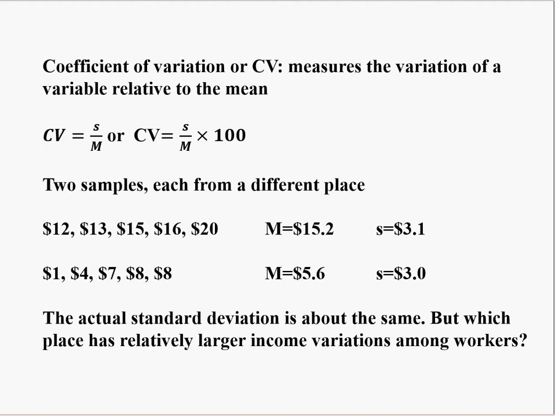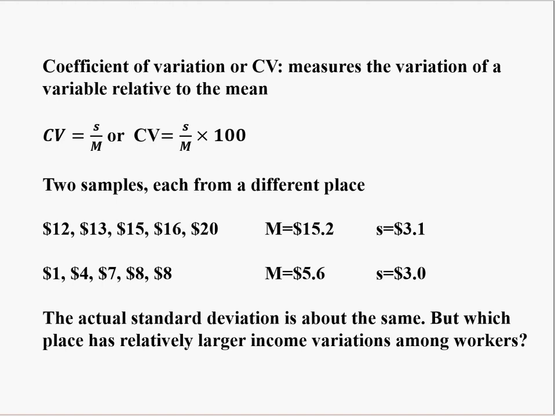For the second place, 3 divided by 5.6 is 54%. Income inequality in relation to average income for the second place is 54%. So relative income inequality in the second place is a lot larger than the first place, even though they have about the same absolute amount of income inequality.